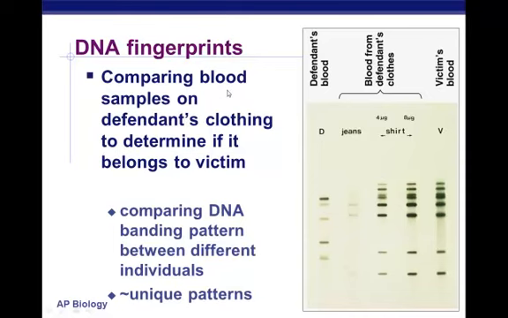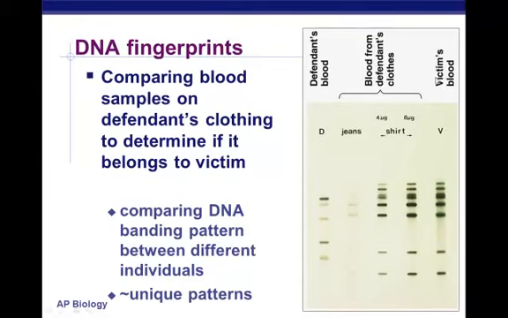We can compare blood samples on clothing, and semen samples collected in, for example, rape cases, and then look at the banding on the gel to see who's the guilty person. In this case, we're comparing the defendant's blood, the suspect's blood, and the victim's blood.